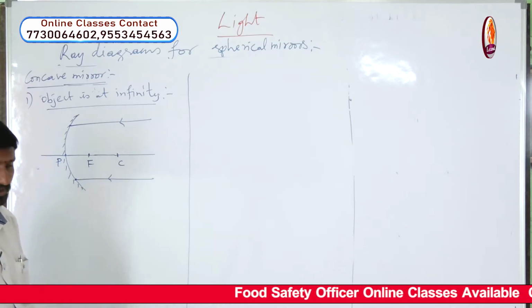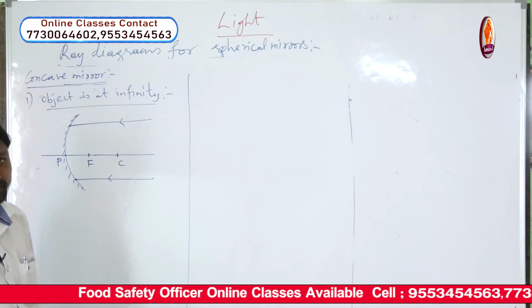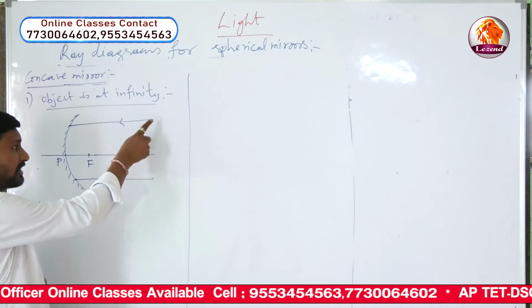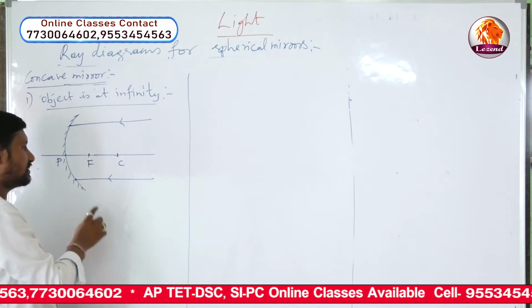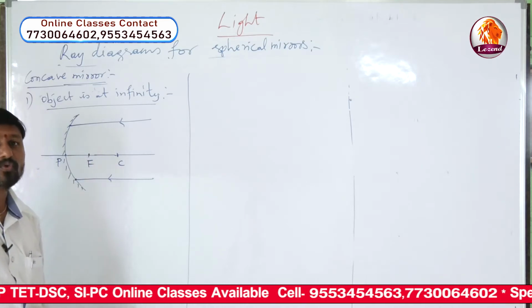And you know what is the first rule I said to you? Any light ray which is parallel to the principal axis, after reflection from the concave mirror, simply passes through what I told you? Focus.